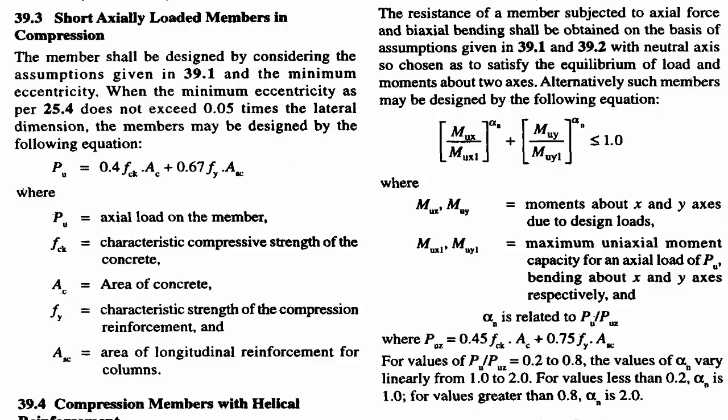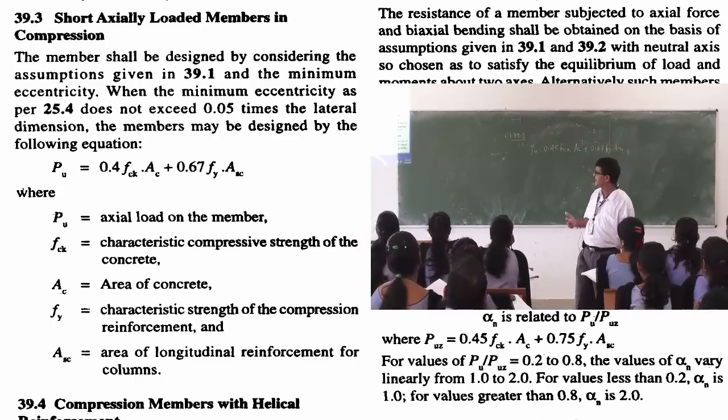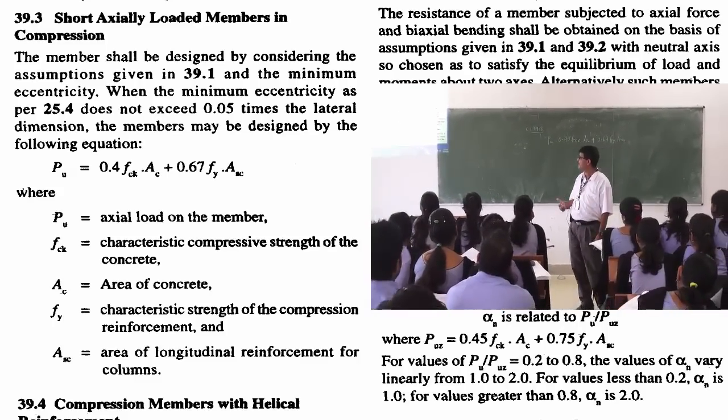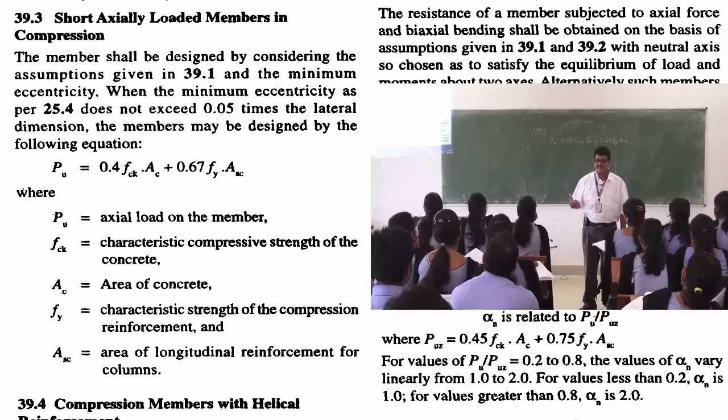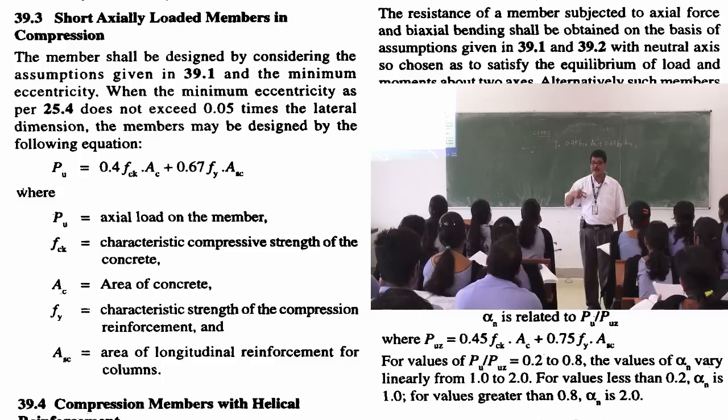Pu is the axial load of the member, fck is the characteristic strength of the concrete, and Ac is the area of concrete. fy is the characteristic strength of the compression reinforcement, and Asc is the area of longitudinal reinforcement, not the ties. It is the longitudinal reinforcement, that means main bars.